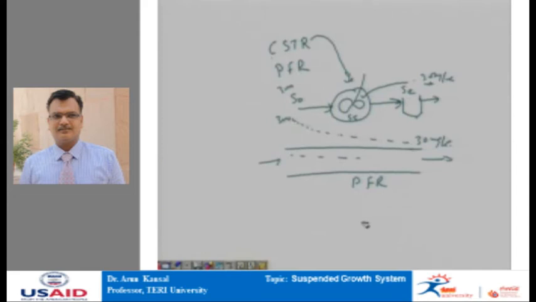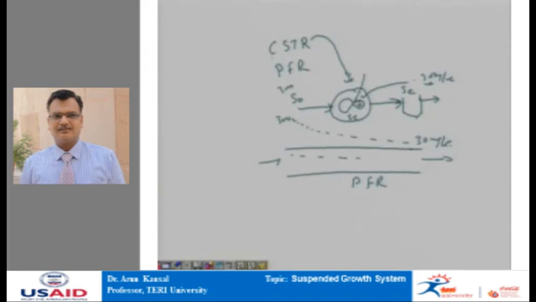Of course, we can never have an ideal CSTR nor an ideal plug flow reactor. What we have in practice is a reactor which is nearer to a CSTR or nearer to a plug flow reactor, and it can be considered as such.